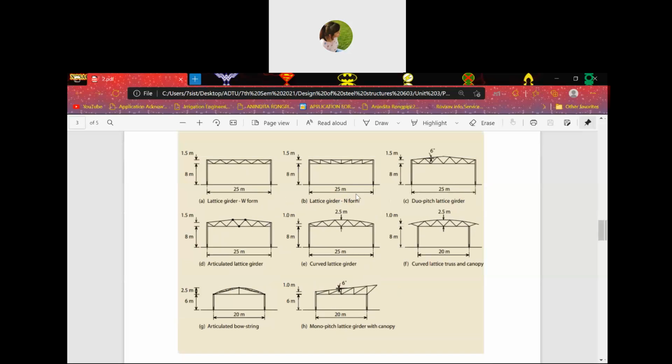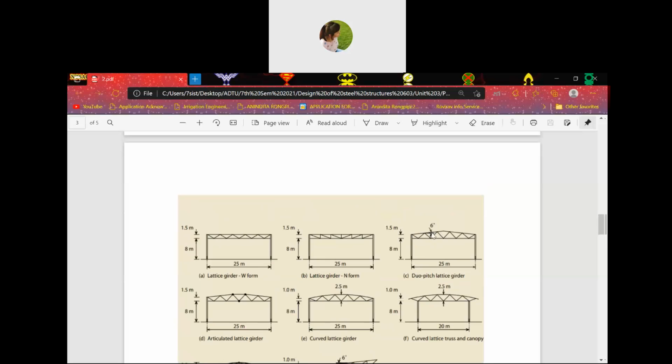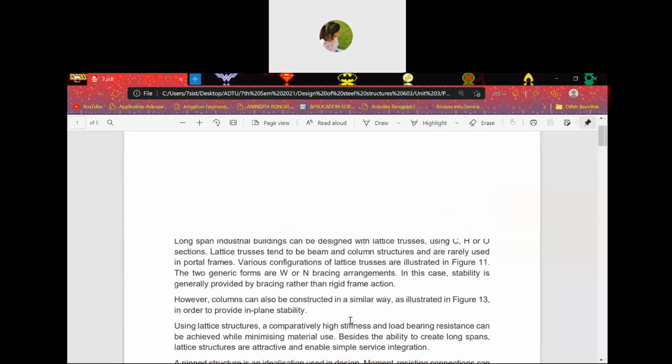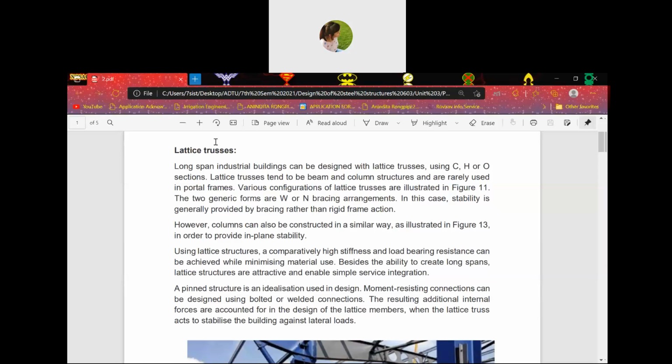Lattice girder in W form, N form, pitch form, then articulated, curved, again curved but this time with a canopy beneath, then articulated in the shape of a bow, and monopitch lattice girder with canopy again. However, columns provide internal stability.